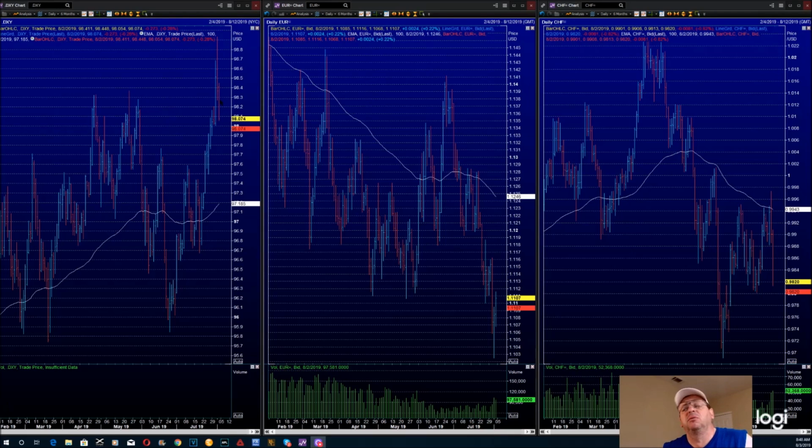I found for myself it's very helpful to look at the dollar index, which is like this DXI, and relate it to the euro, because the euro is considered approximately half of whatever is on the other side of the dollar.